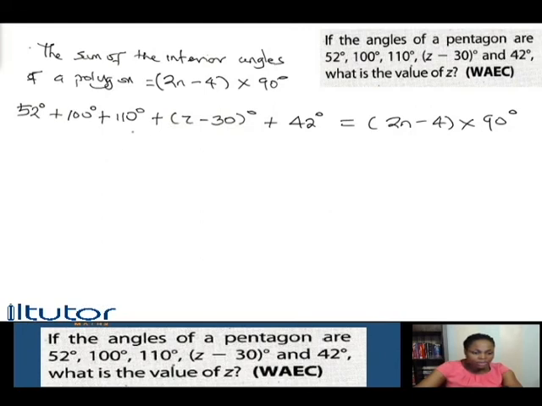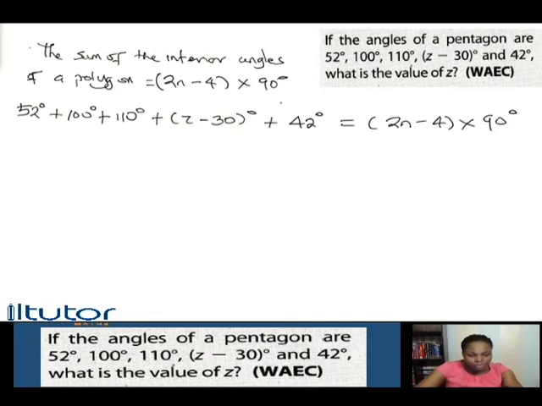So let's add up these numbers. We have 52 plus 100 plus 110 plus 42. Okay, 52 plus 100 will give you 152. 152 plus 110 will give you 262.